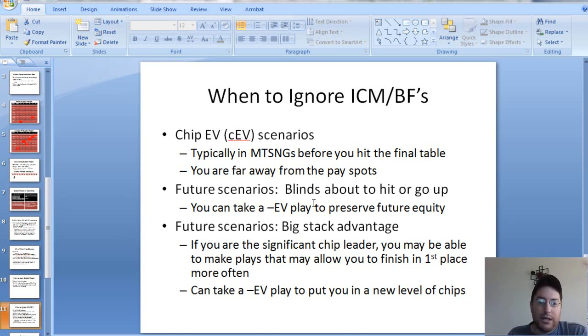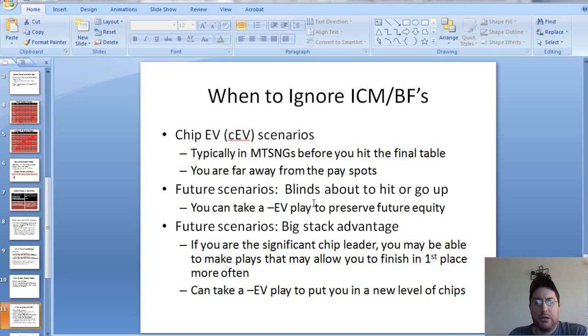That's the time where you can ignore ICM, take the negative EV shove to preserve future equity. Okay, I'm not going to get into what range you should do that with or how much you should change, but that's a time where you can start ignoring or taking more negative EV spots to help preserve future equity based upon what's about to happen. Whether the blinds are about to hit you, the blinds are about to go up. So that's one situation to potentially ignore ICM.